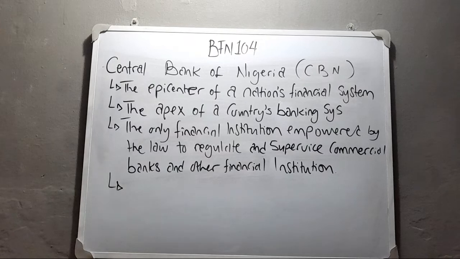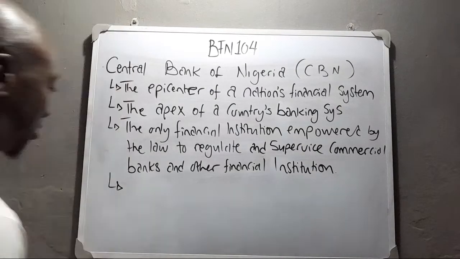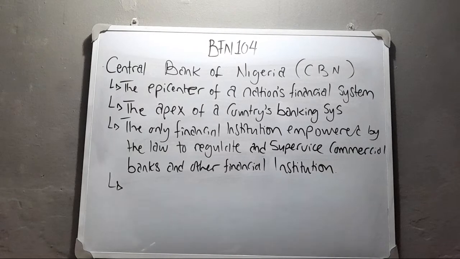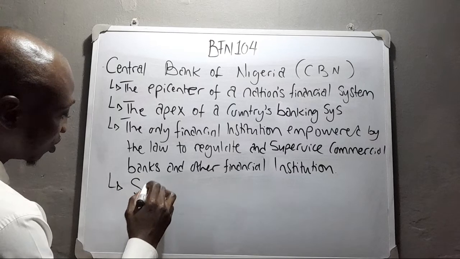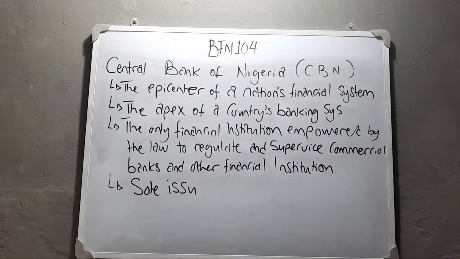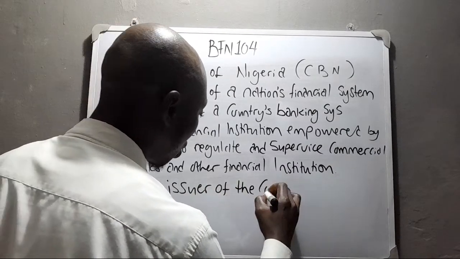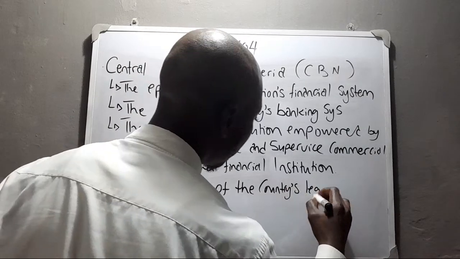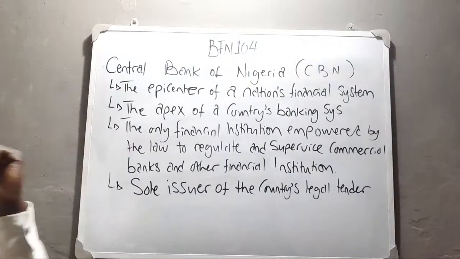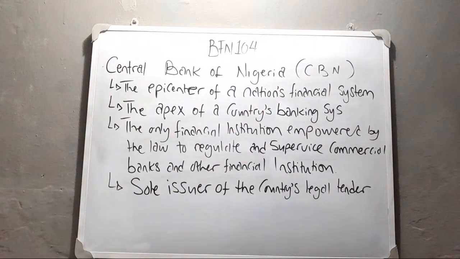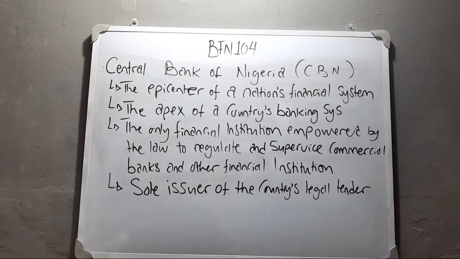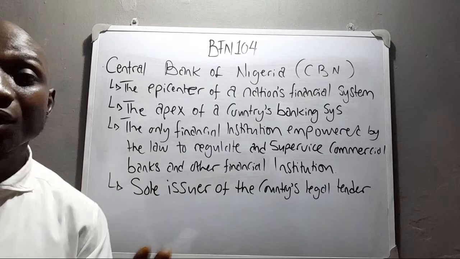The Central Bank of Nigeria is the sole issuer of the country's legal tender. This simply means that it is only the Central Bank of Nigeria that is legally backed up to produce, to print money, to make money. They are the only legal institution to do that.